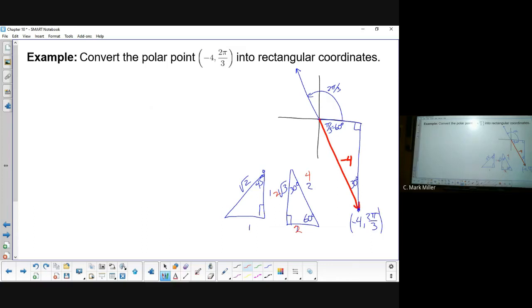Then that tells me that the side opposite to 30 degrees is 2. The side opposite to 60 is 2 square root of 3. And since that's a negative y, we're going to put a negative. And so our answer, our x and y, should be 2, minus 2 square roots of 3. And that's just using geometry without those formulas that we have. But we have formulas. So we're going to use the formula.